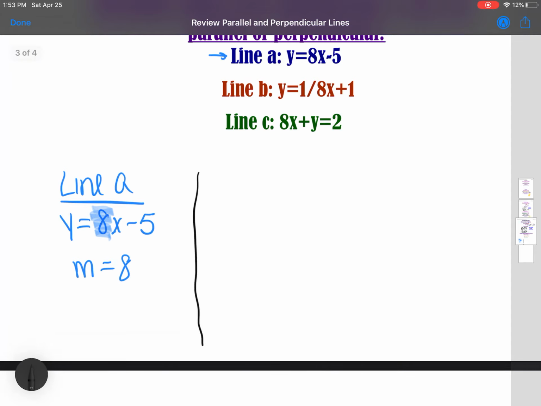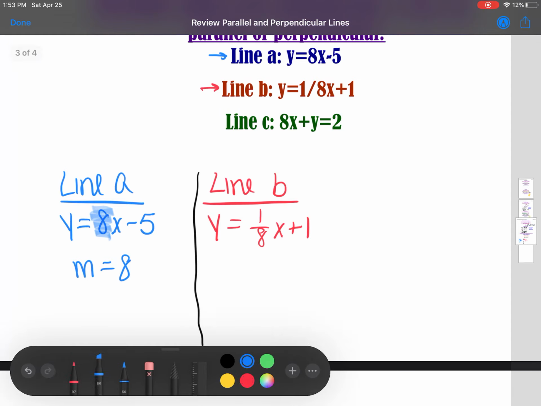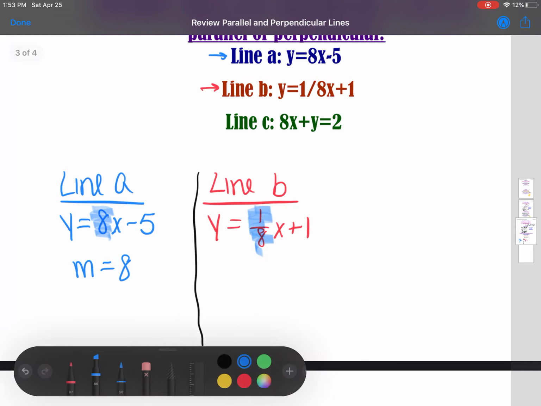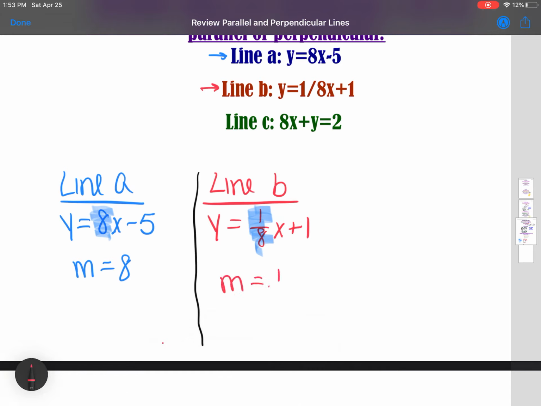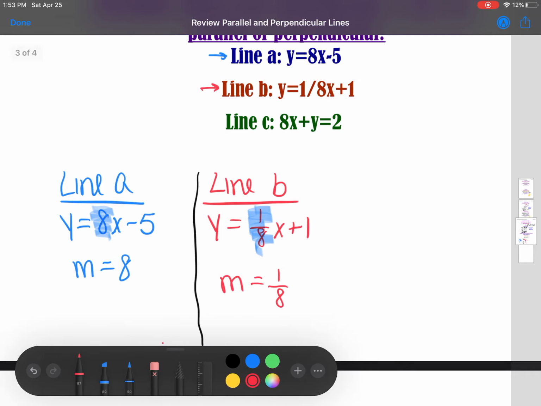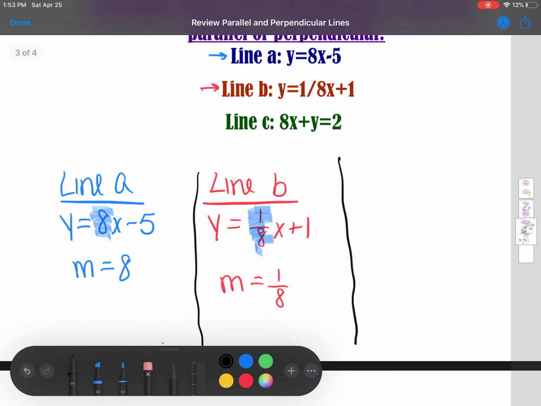Now I can move to line B in the red. Line B, y equals 1/8 x plus 1. My slope for this one, my m, equals 1/8. So these aren't going to be parallel, and they're not going to be perpendicular because 8 and 1/8 have the same sign. They're both positive.